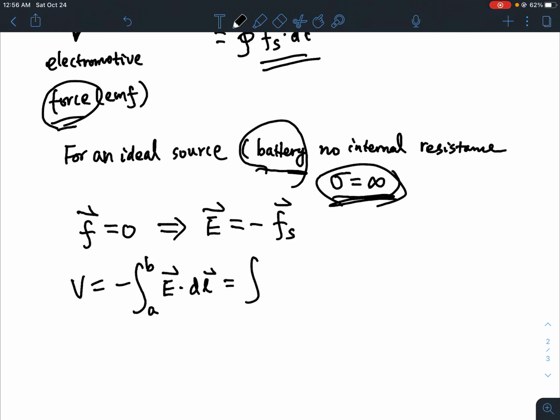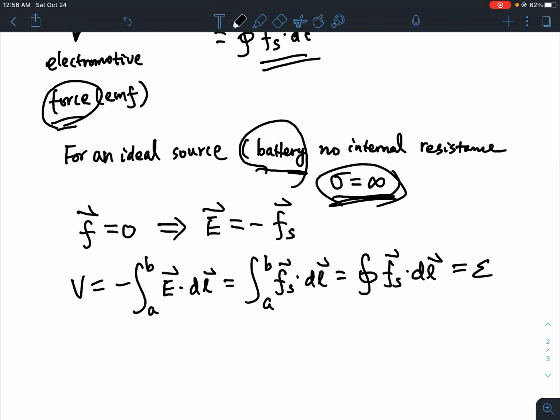What you see is that this becomes the integral from A to B of minus Fs times dl. This is really the integral over this closed circuit, which gives us epsilon.